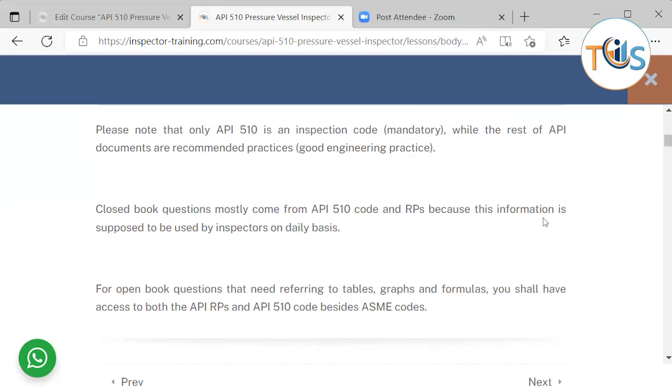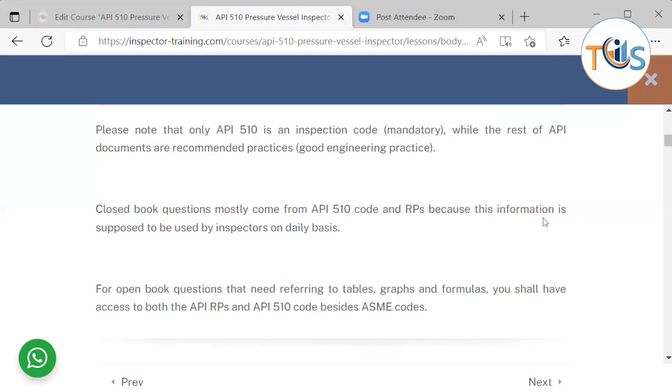While 572, like any other recommended practice, is good engineering practice. So it tells you how to do it, when to do it. As an inspector, you would be using this 572 on a daily basis, because that is like a guideline for you.